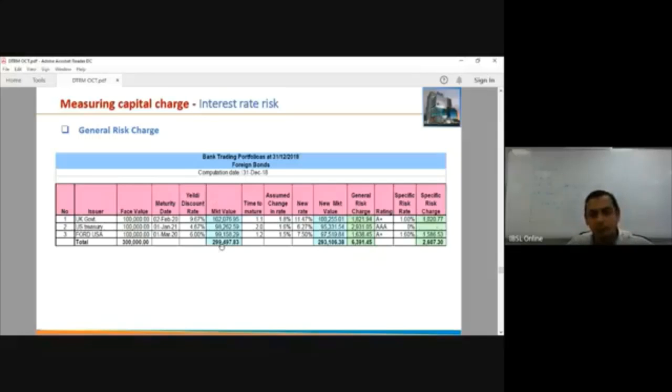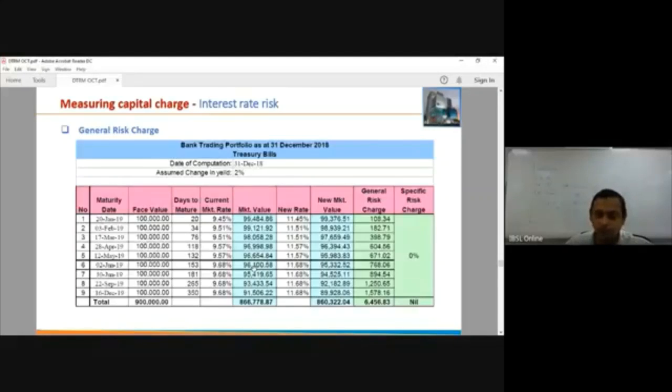So first you need to compute the mark-to-market value using the formula. If you're using an Excel sheet for yield formula, you have to use that. Then now the second part, we need to assume that the yield will change depending on time to maturity. Therefore, first of all, we need to compute time to maturity in years. So don't compute in days like treasury bill, because for treasury bill, this table will not change, right?